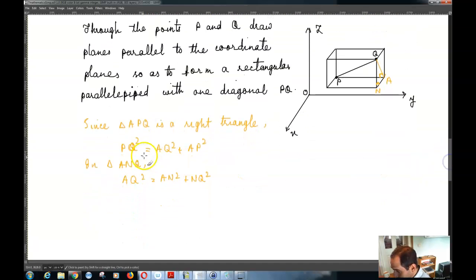As you can see, AQ squared over here is equal to this expression, so if I call this equation number 1 and this equation number 2, then based on equation number 2 I can write equation number 1 as PQ squared is equal to AQ squared, which is equal to AN squared plus NQ squared, plus AP squared.